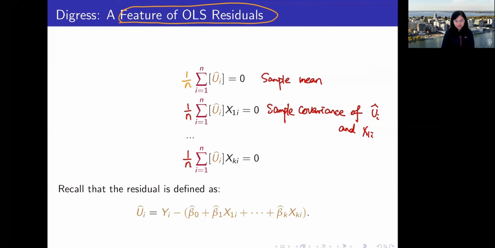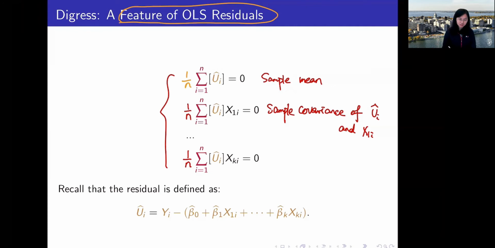Notice that these equations are derived simply from the first order condition. This is an immediate implication of the first order condition, and the first order condition is an immediate implication of the definition of the OLS estimators.